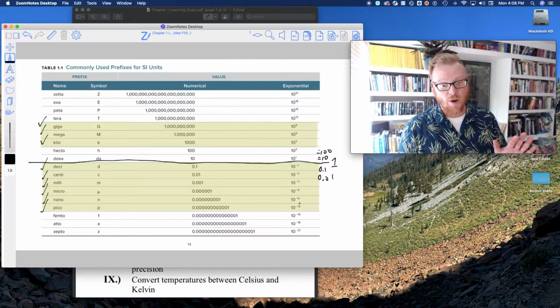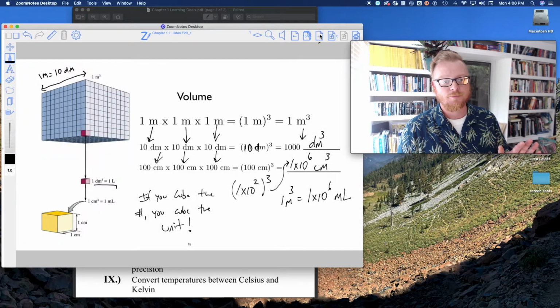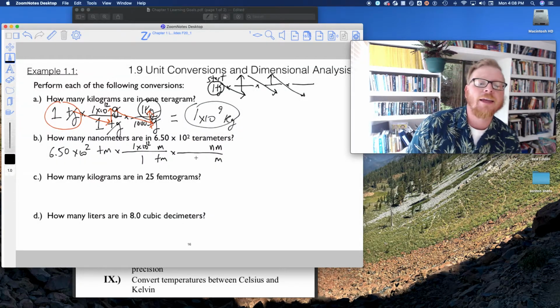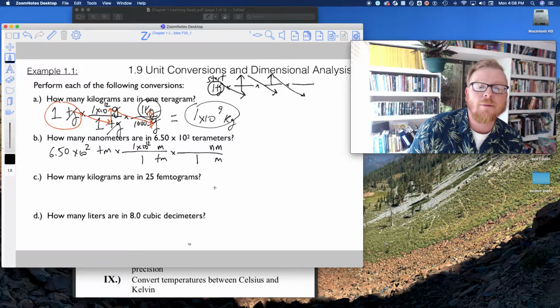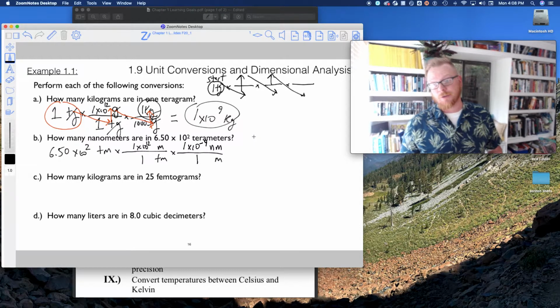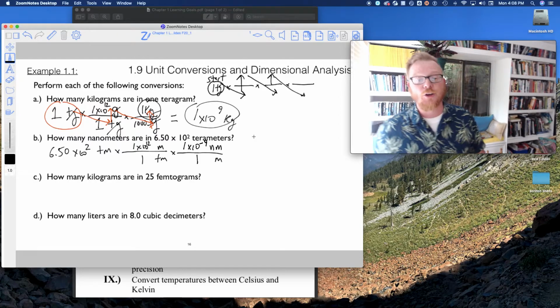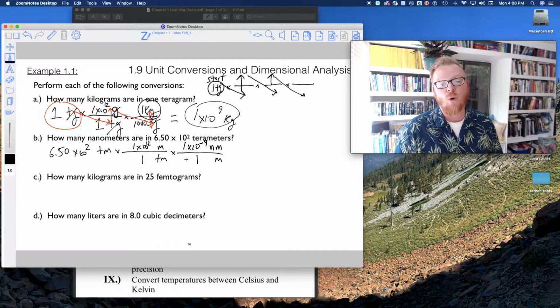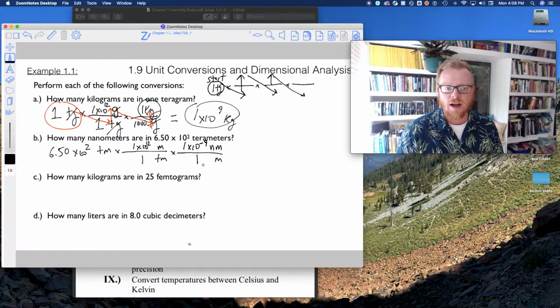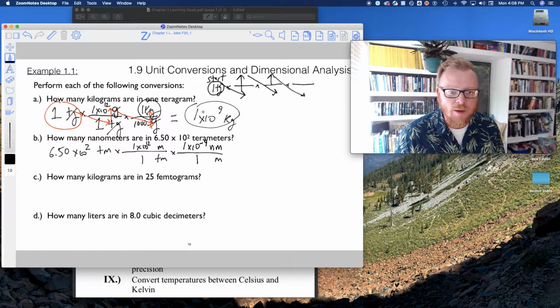There are a couple of different ways I could write that. I could say in 1 meter, there's 1 times 10 to the negative 9 nanometers. Or I could have said there's 1 times 10 to the positive 9. Oh wait, hold on, I messed that up. Make this a positive.